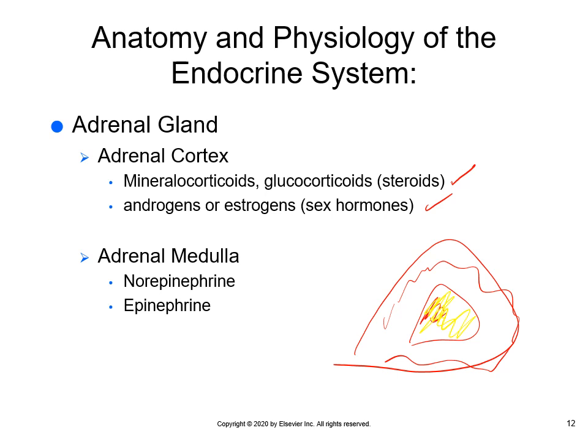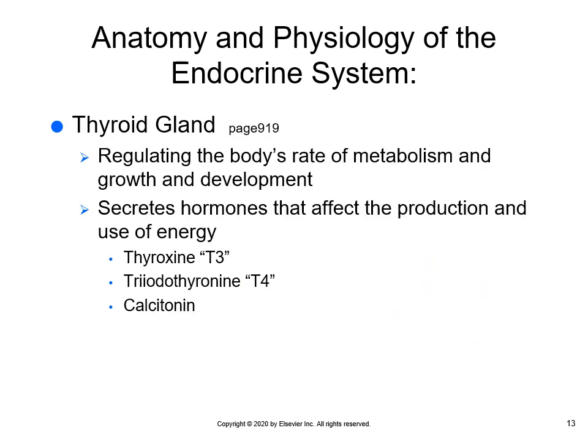In the adrenal medulla is your epinephrine and norepinephrine. And then the thyroid gland is the one that's regulating the body's rate of metabolism and growth and development, and it secretes those hormones that we did talk about, your T3, your T4, and the calcitonin, which regulates the calcium.